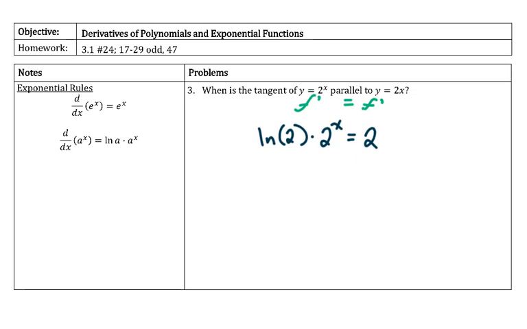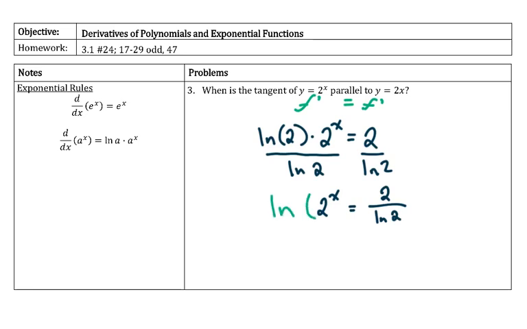And you're definitely going to want a calculator to solve this. We're going to start by dividing each side by the natural log of 2. And we end up with 2 to the x is equal to 2 over ln of 2. From there, I'm going to take the natural log of both sides, since I do not necessarily have a calculator that will do different bases.